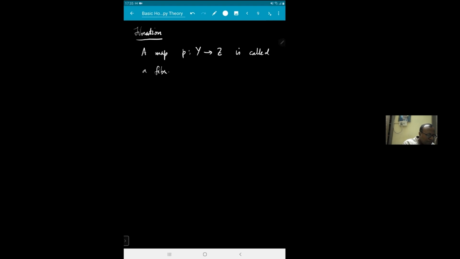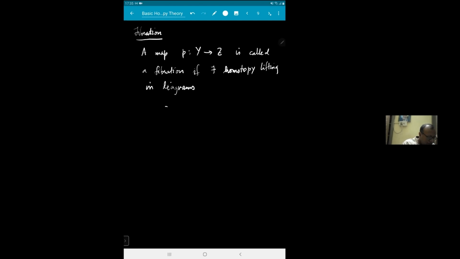Fibration. A map is a fibration if it has the homotopy lifting property, if there exists homotopy lifting in diagrams of this form.